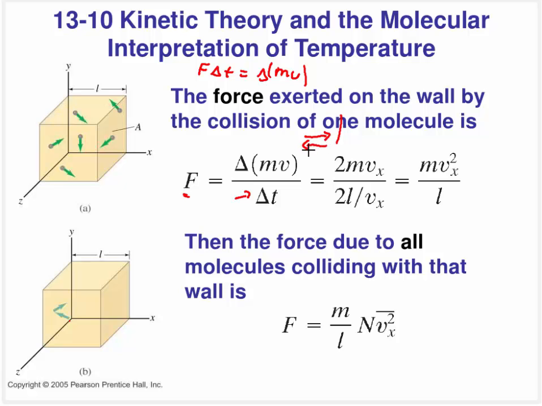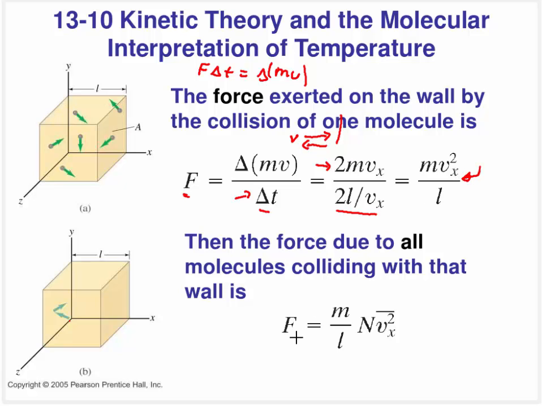Now it's moving backwards perfectly elastically with the same velocity, so the change in momentum is going to be 2 times the mass and the velocity. We'll just consider the x direction for right now. And then the change in time is going to be essentially distance is equal to rate times time. So we can rewrite this expression as such.